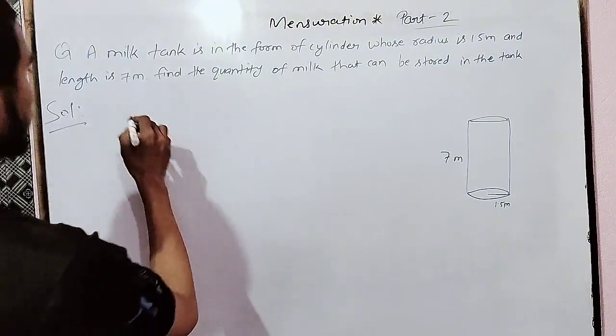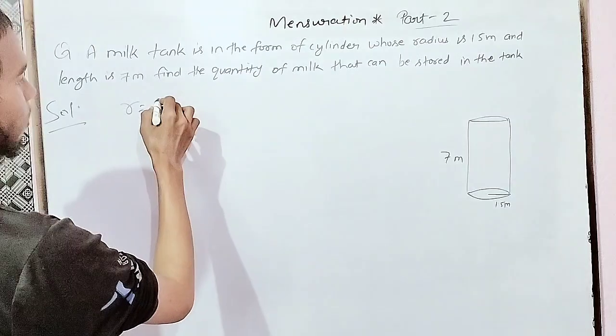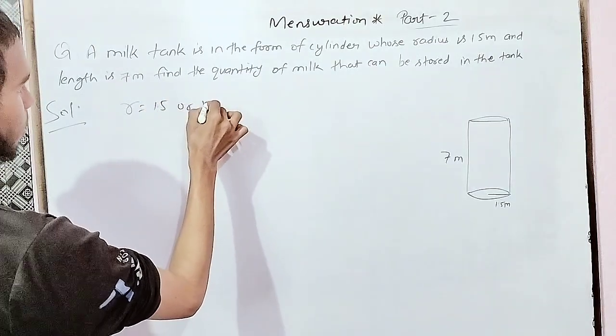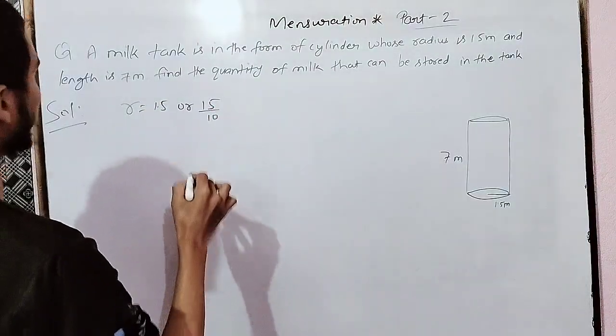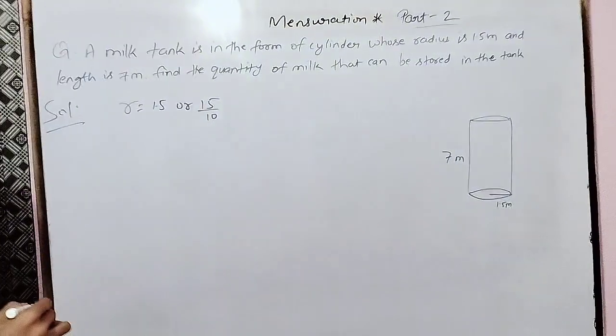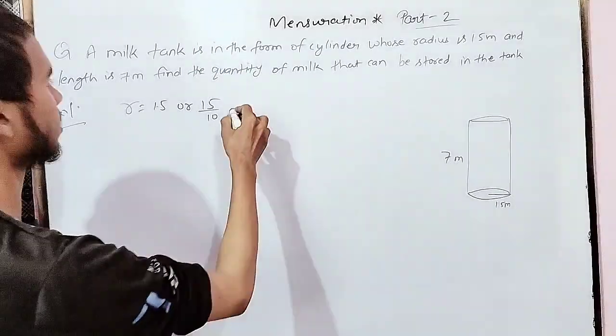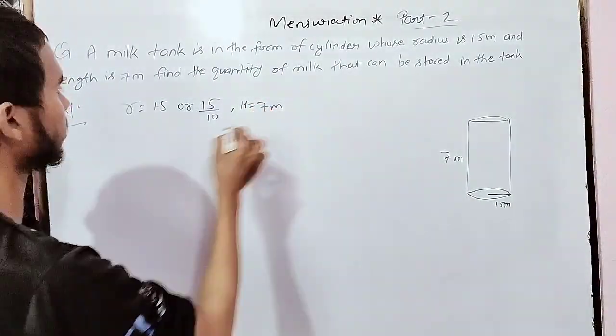Radius is 1.5, or 15 upon 10. Length is 7 meter, which is the height. Height is 7 meter.